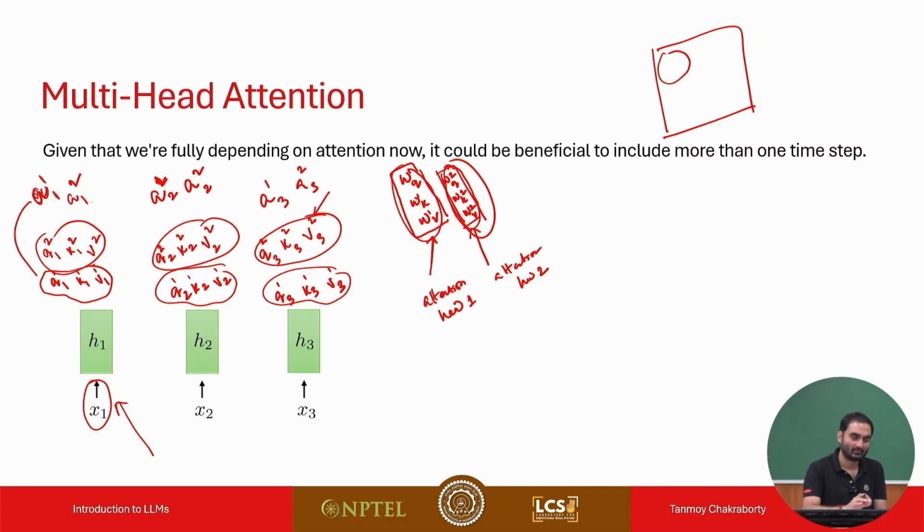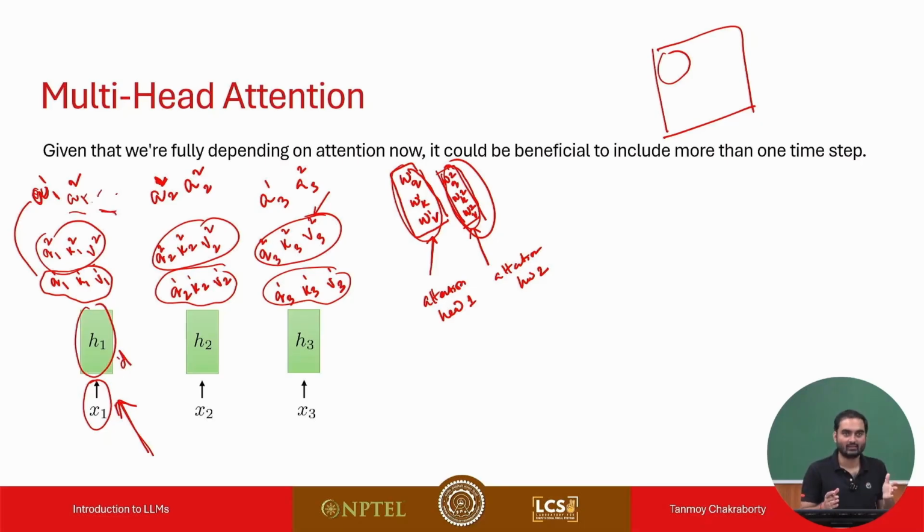This is called multi-head attention, multi-headed attention. So these are heads. Now for every token we have multiple attention vectors. What is the size of this vector? The size of this vector is the same as the input vector size. Let's say the dimension is d. Each of these attention vectors will have dimension d.